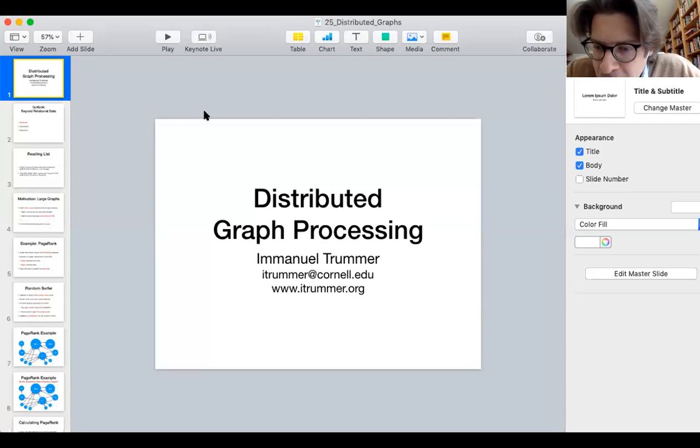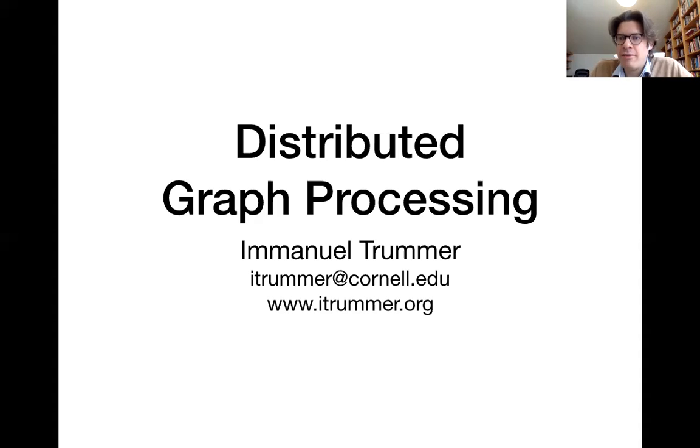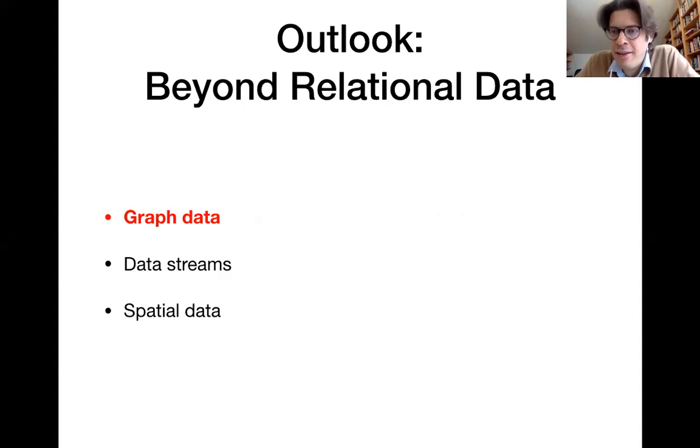All right. So if there are no questions for the moment, then I'm going to continue with the next subtopic, which is about distributed graph processing. So we are still discussing graphs, but now we are discussing particularly large graphs.